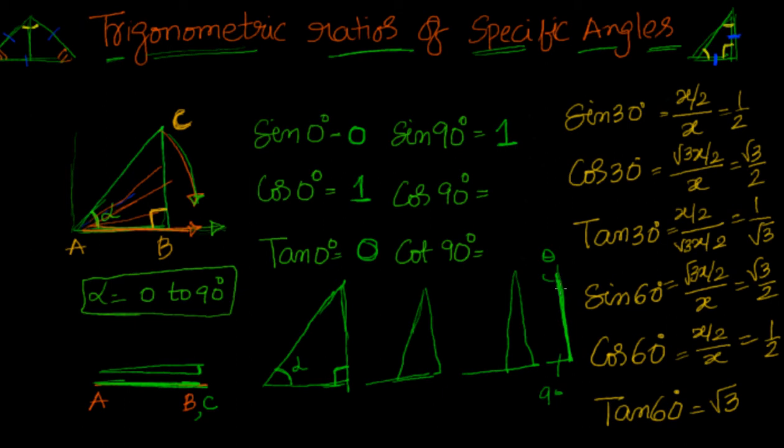Similarly, when this vertical line, the hypotenuse, is coinciding with the opposite side, you see that the adjacent side is slowly reducing. It came down, it came down, it came down, it became 0. That means this becomes 0, and 1 by 0 is infinity.